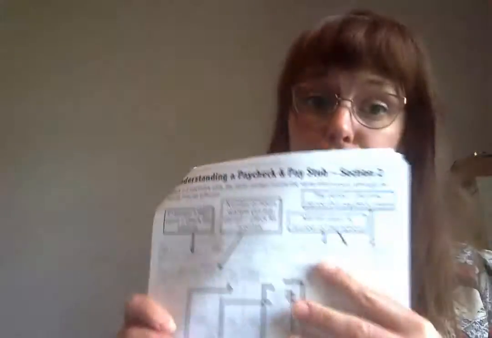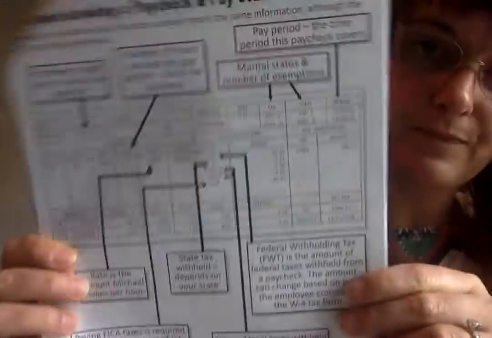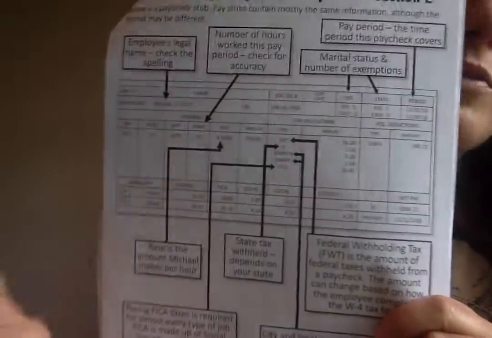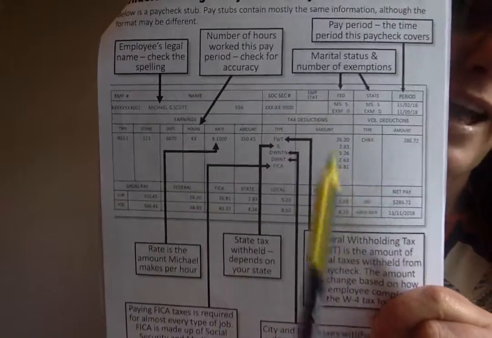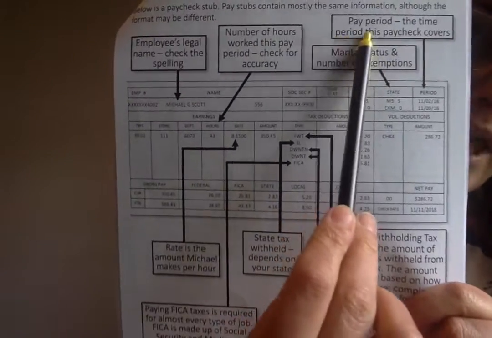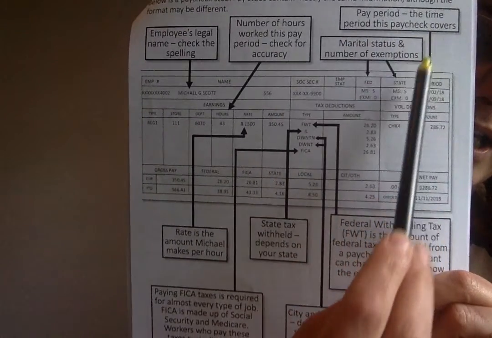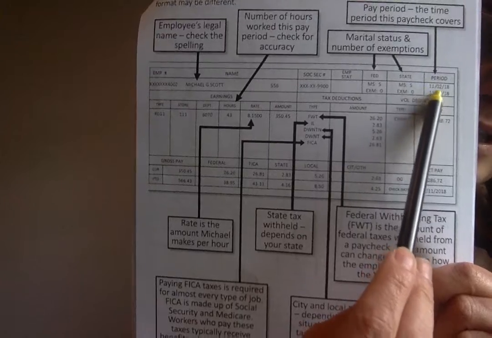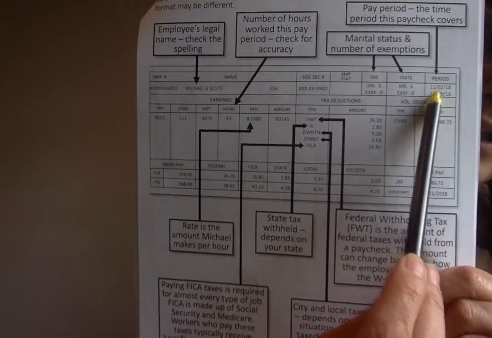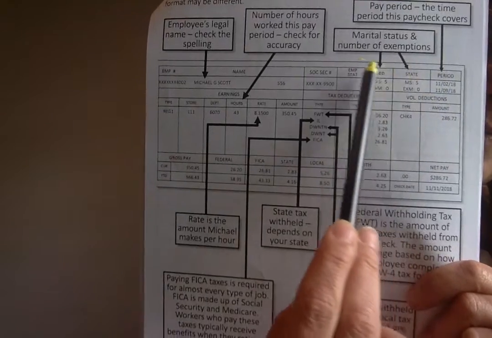Go to section 2, next page. Here, page 9. And there's a few more things they're wanting to point out to you. So, here we go. We have a pay period. This is the time period this paycheck covers. So, it's calculating the hours that you work between those dates. So, a pay period is 2 dates, a range.